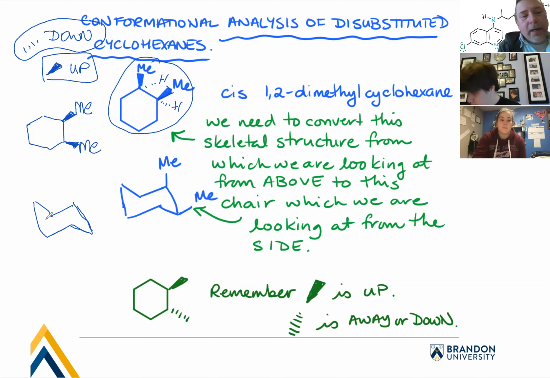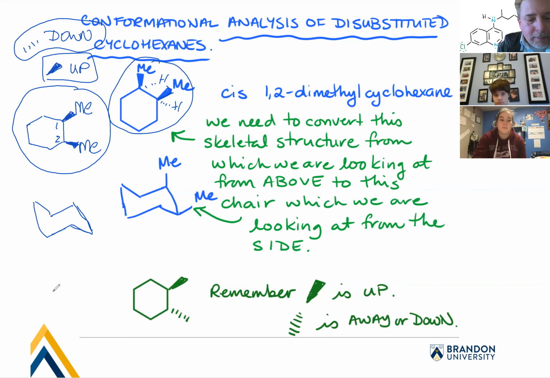So here we've got two adjacent carbons, 1, 2, that have substituents on them. Typically, if I'm going to convert a two-dimensional structure into a three-dimensional structure, the first thing I always do is label my carbons. And for whatever reason, I always choose this carbon here as number 1.